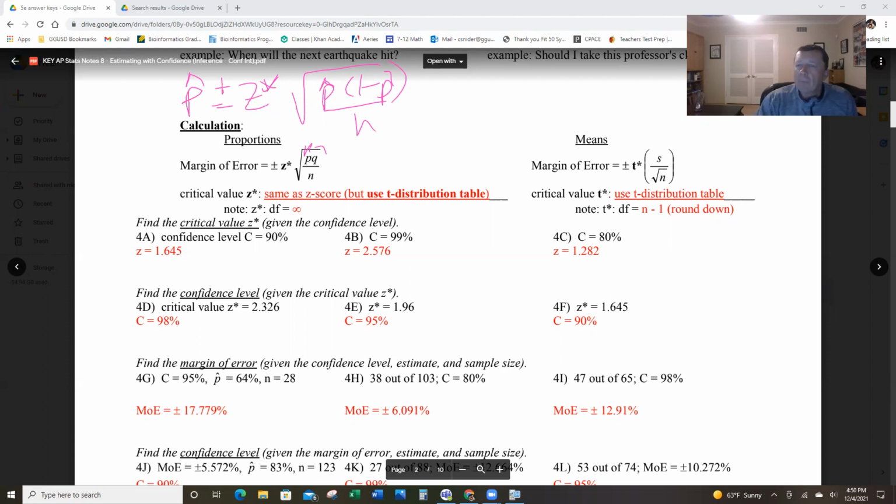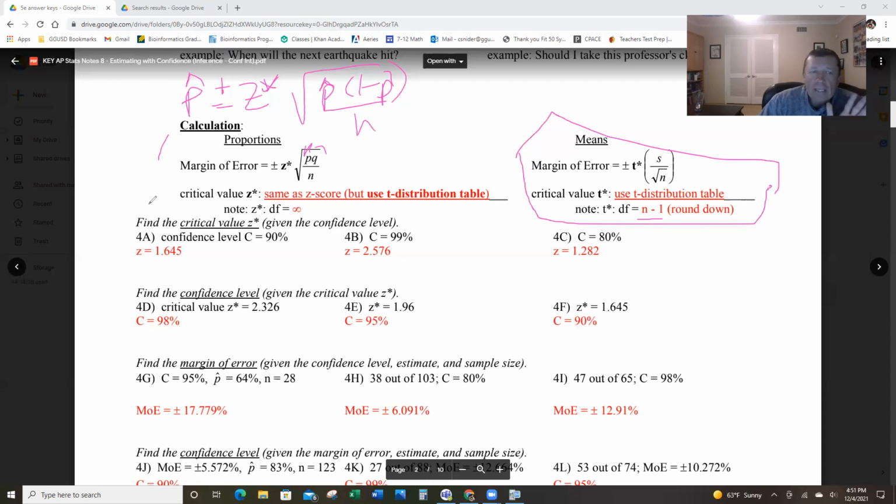For means, it's going to be this over here. Go ahead and just write this down for now. We're not going to get to this today, but just write this down. We're going to be using the T distribution table called table B, and we're going to go n minus 1, rounding down. We'll talk about later, but just get that on your paper for now.